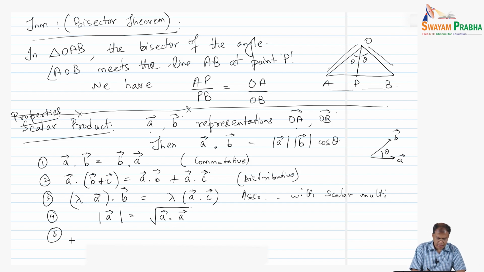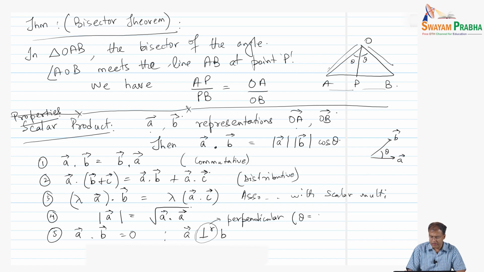And then we have that the dot product of two vectors is 0 if either A is orthogonal to B. Notice the notation I have used. This means perpendicular. So either A is perpendicular to B, or what I mean is when theta is 90 degrees, this particular theta I am talking about, right? Or one of the vectors, A or B, is 0, right?